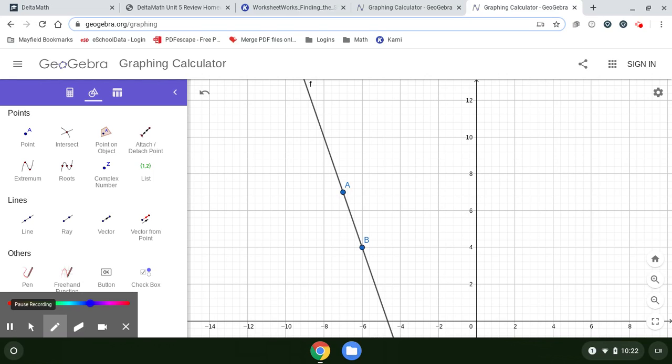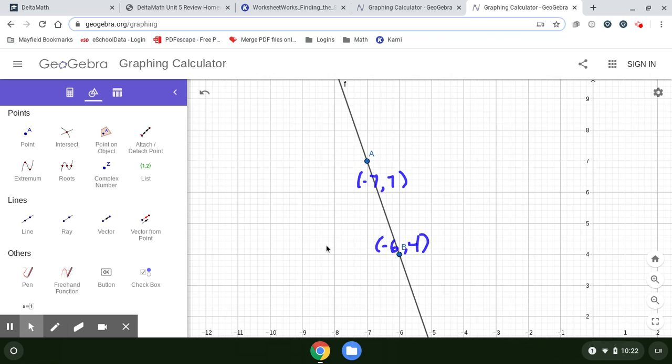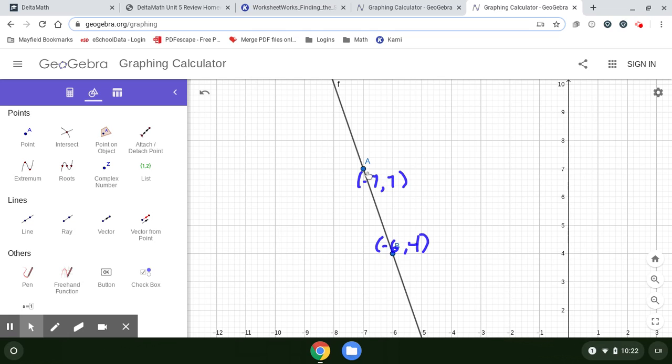Okay, now I am going to do a different one with different coordinates. A is negative 7, 7, and B is negative 6, 4. You can see that they're graphed like that if I zoom in a bit: negative 7, 7 and negative 6, 4. So instead of doing it graphically first, let's start with the formula.